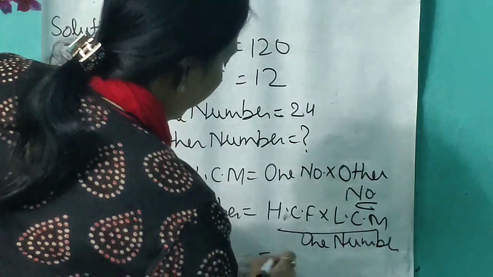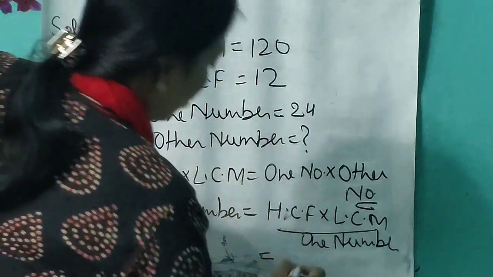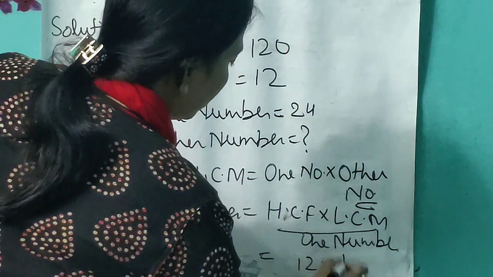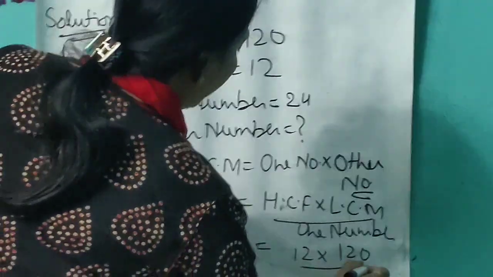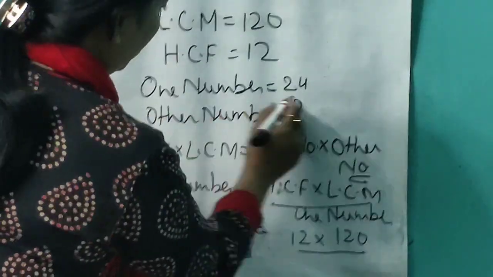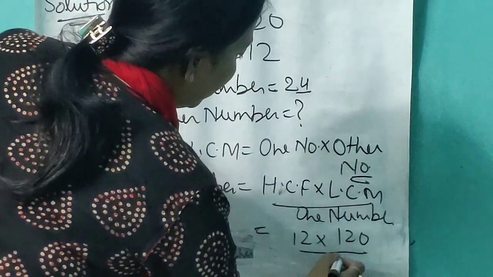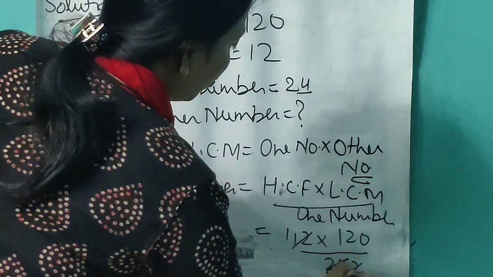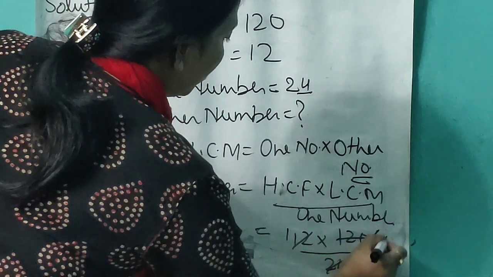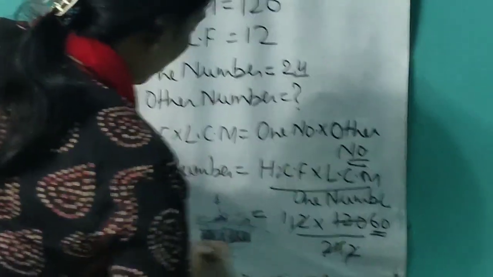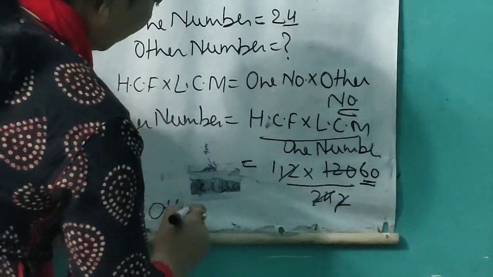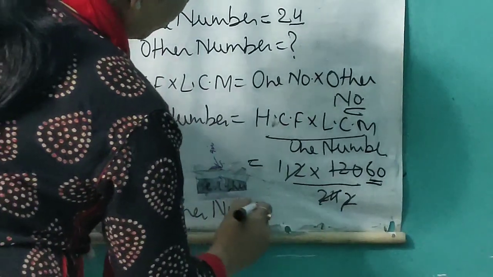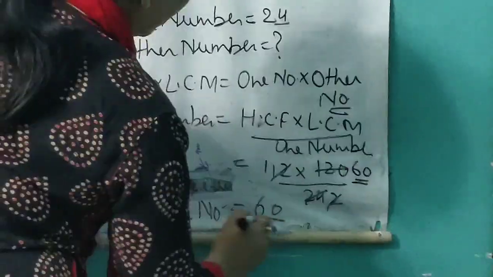Now you write the values here. HCF is 12, LCM is 120 and the number given here is 24. So you write here 24. Now 12 ones are 12, 12 twos are 24 and with 2 you will cancel it. 120, then you will get 60. So your other number is equal to 60. So this is your answer.